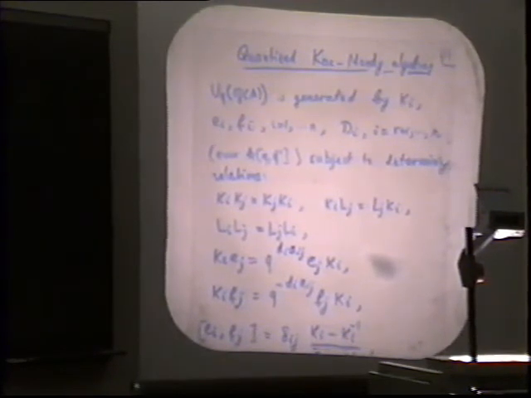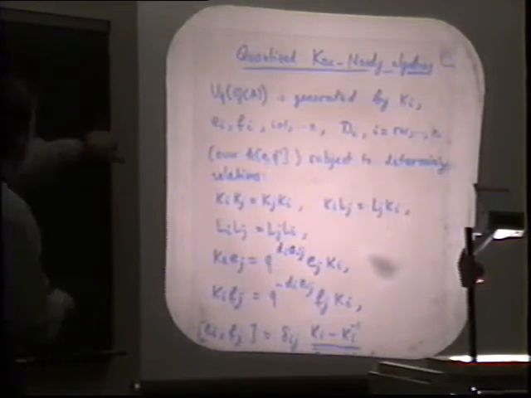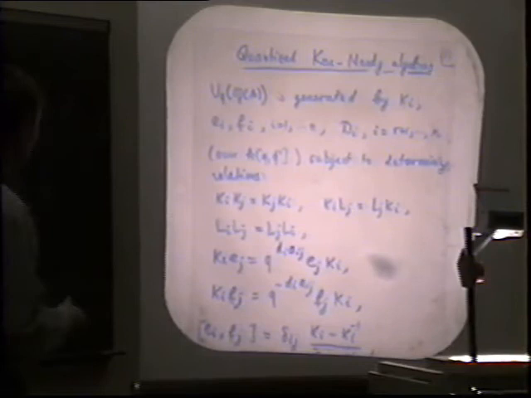And one has to say that K_i is equal to e to the h d_i H_i, and L_i is equal to e to the h d_i. Then once you complete it in the power series over q minus 1, this algebra will become the flat deformation of the universal enveloping algebra.